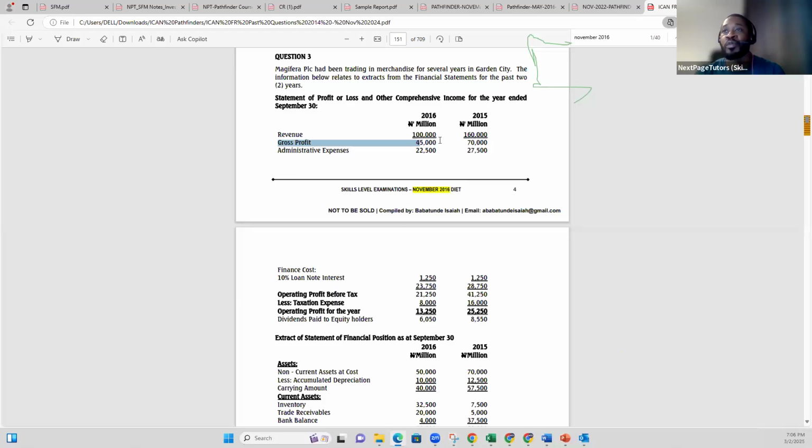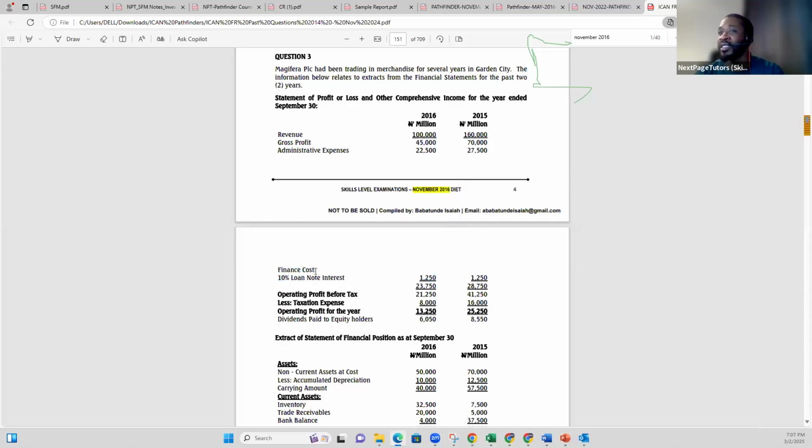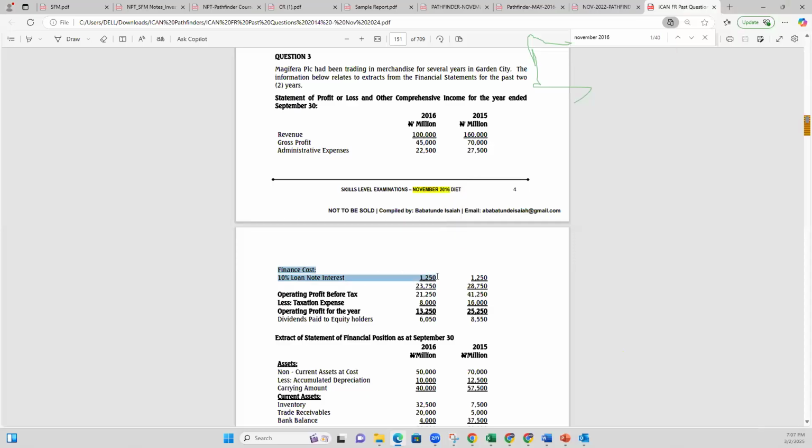No. Gross profit less all expenses except finance cost. But in this specific question, 45,000 less 22,500.